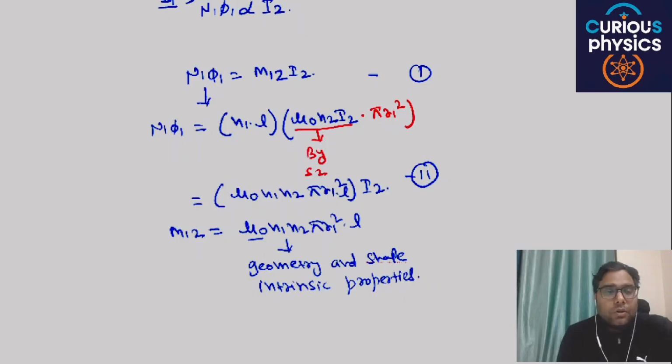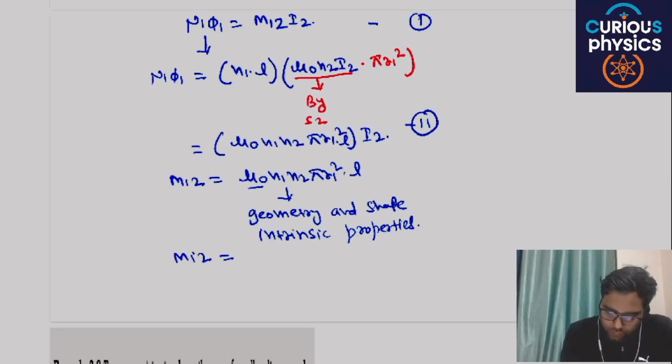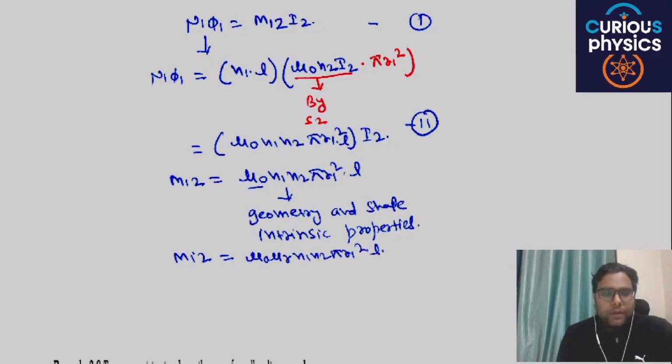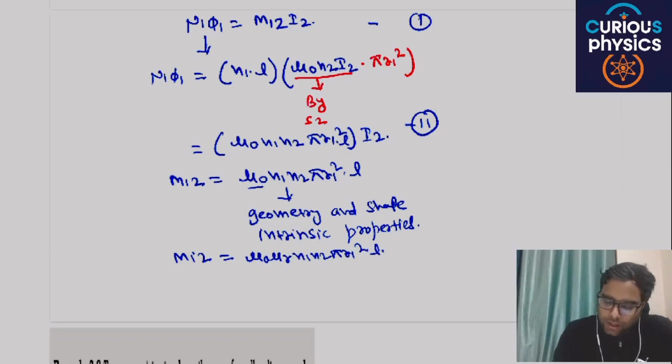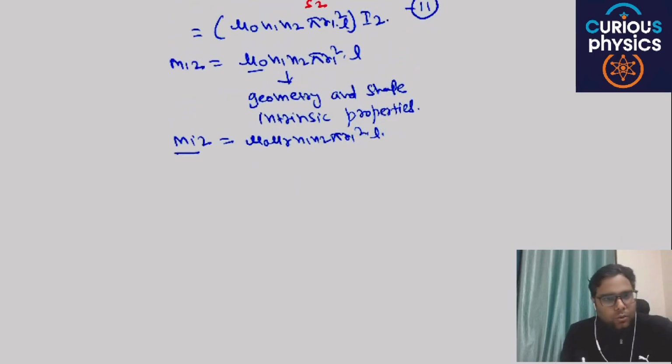If this solenoid is placed in a particular medium, then M12 will come out to be mu naught mu r n1 n2 pi R1 square L. Are you able to understand my point or not? So this is the mutual inductance of 1 with respect to 2.